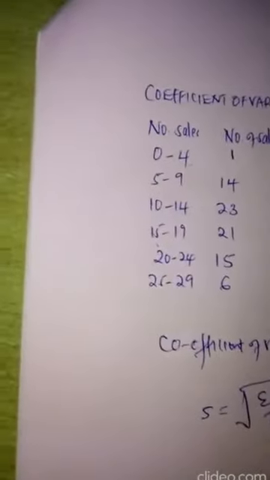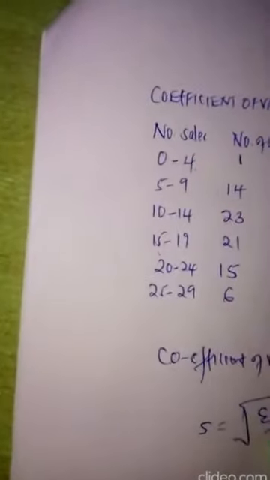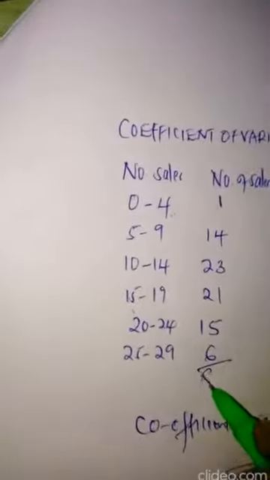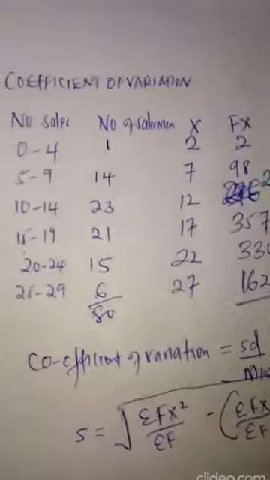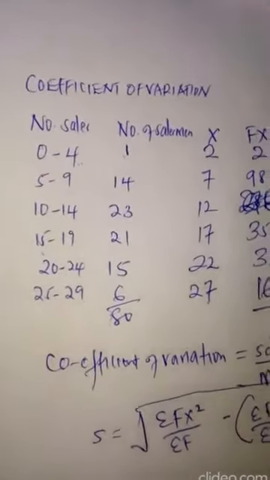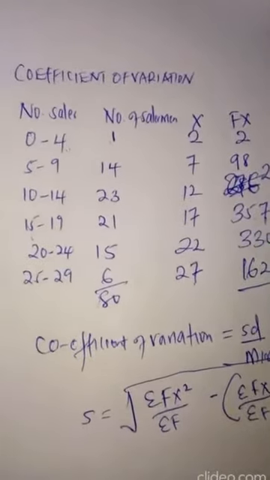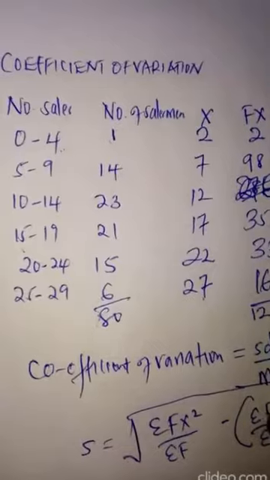So you need now to get the totals in your table. To get this summation of f, you add all this, it gives you 80 using your calculator. Then you also need the summation of fx, you add 2 plus 98 plus 276 plus 357 plus 330 plus 162 using your calculator, you get 1225.